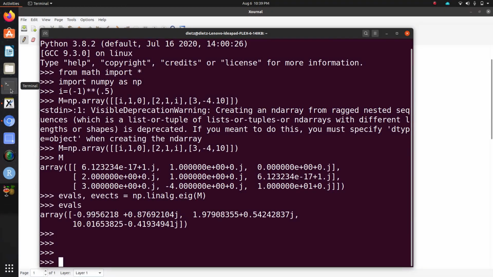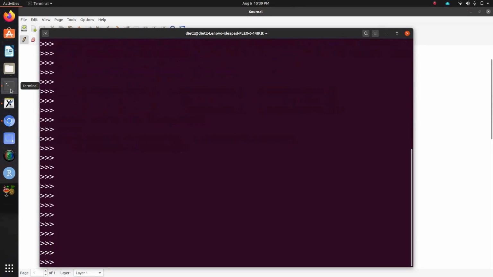We already have NumPy in there. We just have to pick another M. So I'm going to type this in. Say -5, 13, 0, -1, 0, 2. Okay, and we have a starting vector.